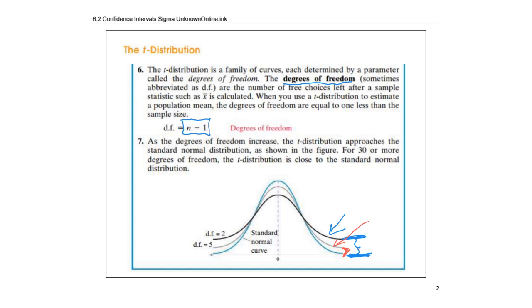The teal curve here is our standard normal curve. Remember, that actually approaches the number line. It's very close, but never actually touches. And so as we get larger sample sizes, the t-distribution is very close to the standard normal distribution. That would be for 30 or more.